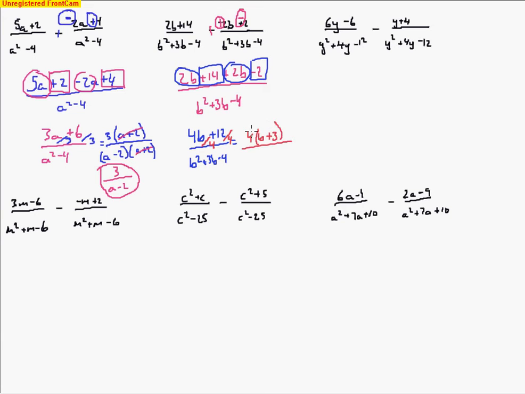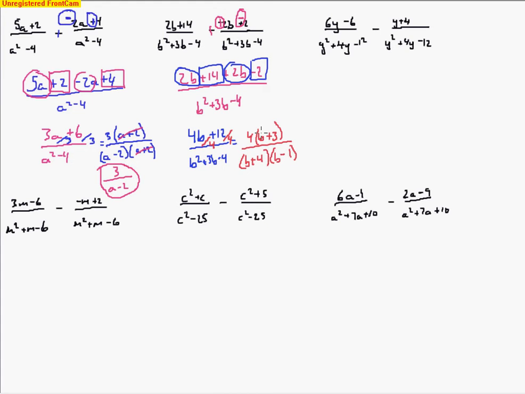Down below we have a trinomial that will factor as two binomials, so it's going to be a b plus 4 and a b minus 1. We don't see any common factors, because we have a b plus 3 on top, and on the bottom a b plus 4 and a b minus 1. So we were able to factor, but we couldn't cancel anything out.